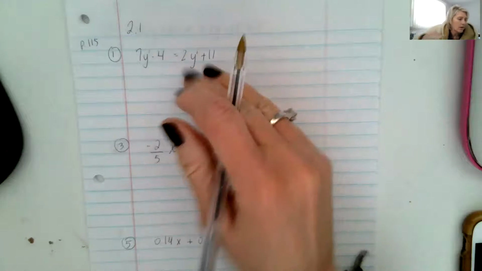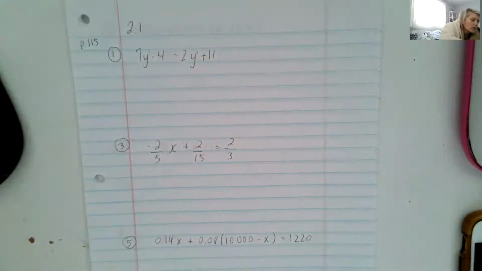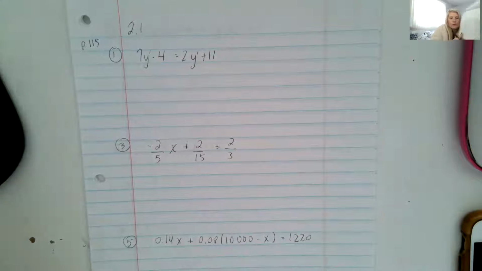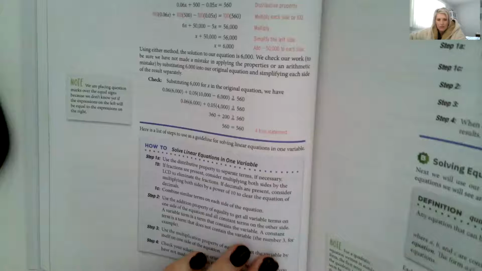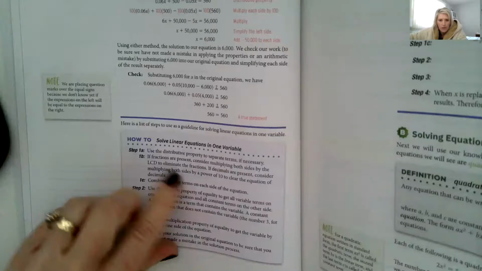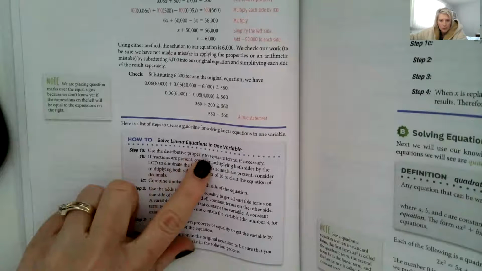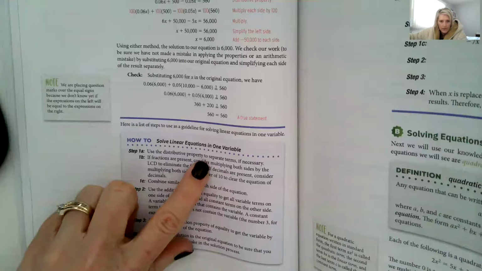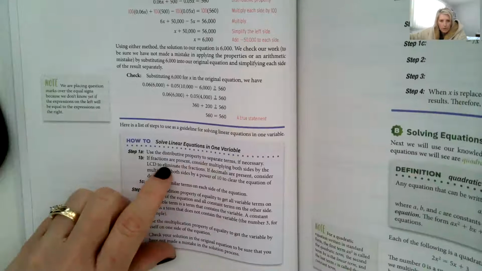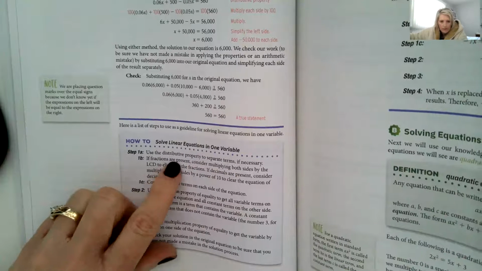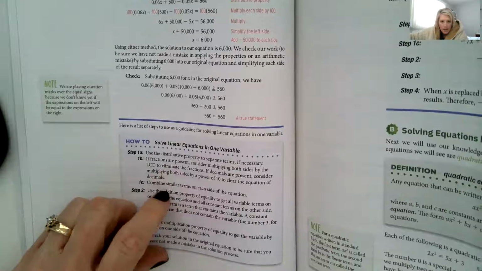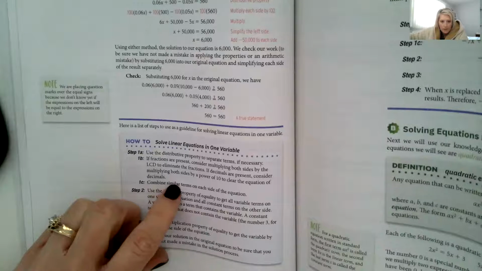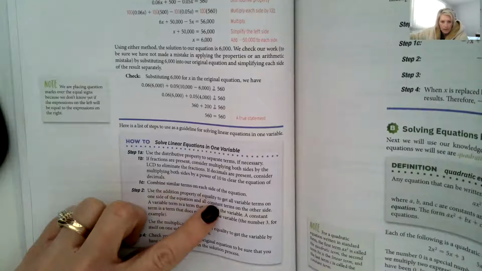If you follow the instructions on how to solve a linear equation in one variable, they give you some strategies that you should follow. So we should go ahead and use our distributive property first if we have any parentheses. Then we're going to learn how to eliminate fractions if we have them. And then we're going to combine like terms on each side of the equation.